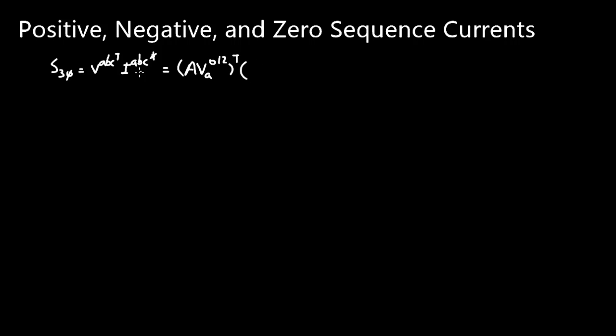And then we're going to do the same thing for the current. So the phase currents vector, this one over here, is going to be equal to A times the sequence components currents.